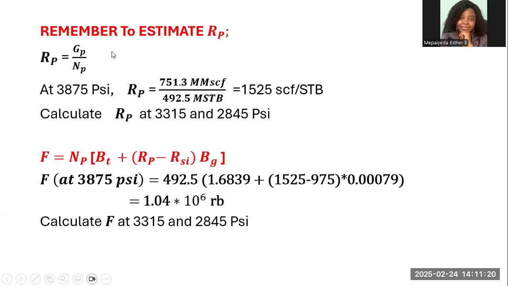So remember to estimate your RP, because we're not given RP. Your RP is GP over NP, gas produced over oil produced, so you have 1525 scf per STB. Go ahead and calculate your RP at 3315 and 2845.